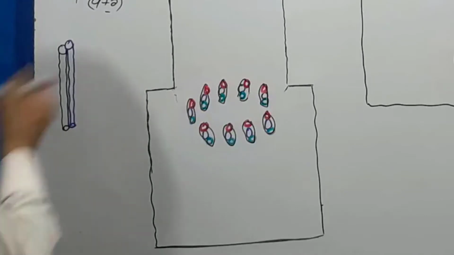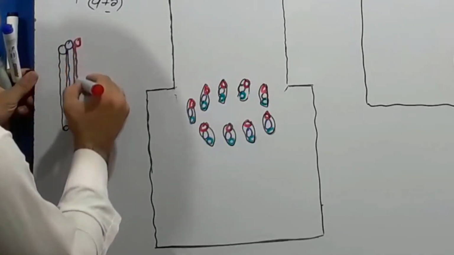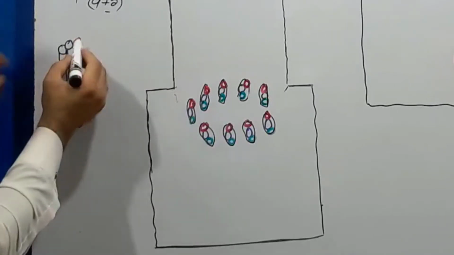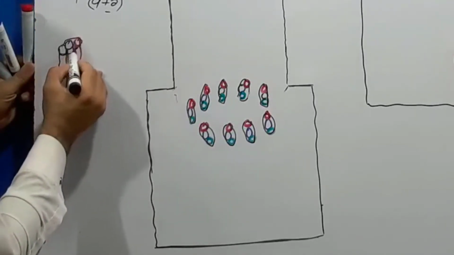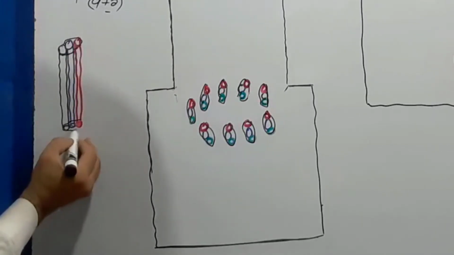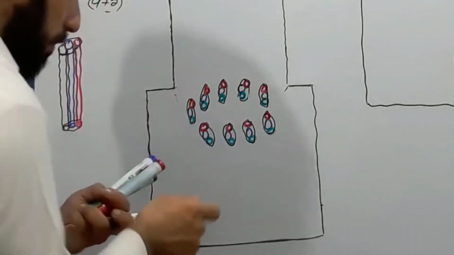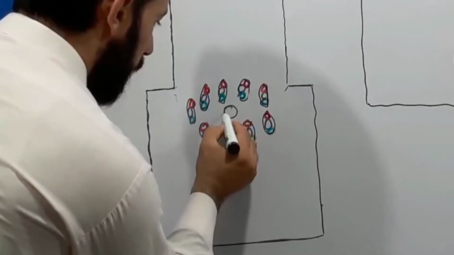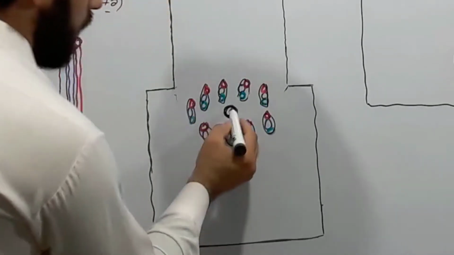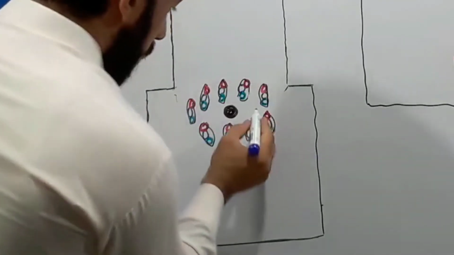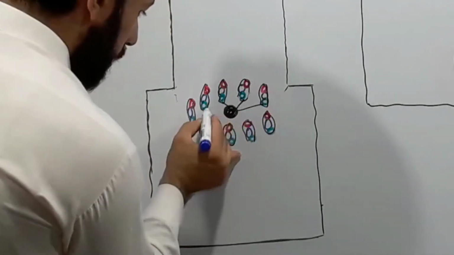And this is the red one. Very simple, right? So how many proteins have been united? There are 3 tubulin proteins. So they are making a triplet, right? They are making a triplet, and all these triplets are connected to a central hub, right? They are connected to a central hub. This is also a protein, right? So like this.